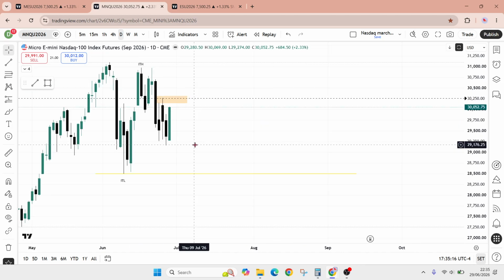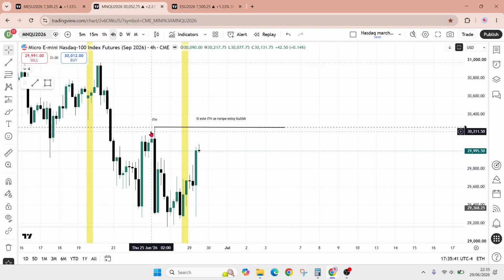Now, daily is a situation where, as I say again, if we break this swing high, we're going to have a shift in market structure to the upside, and that will give us a bearish trade, sorry, a bullish trade, looking for a bullish trade on Tuesday, tomorrow.